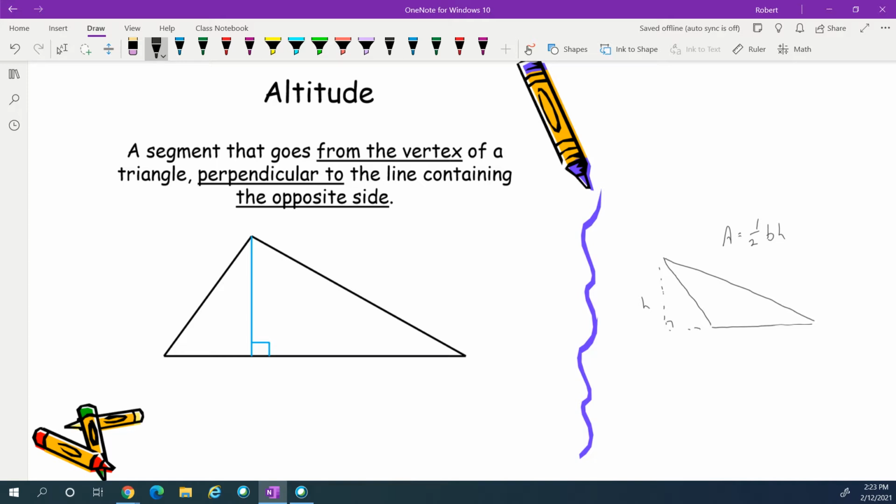So sometimes that altitude or height is drawn outside the triangle. And notice how we had to extend the line of the triangle. That's what we're saying here. It has to be perpendicular to the line that contains the opposite side of the triangle. So don't let the words trip you up. You've seen this 100 times before.